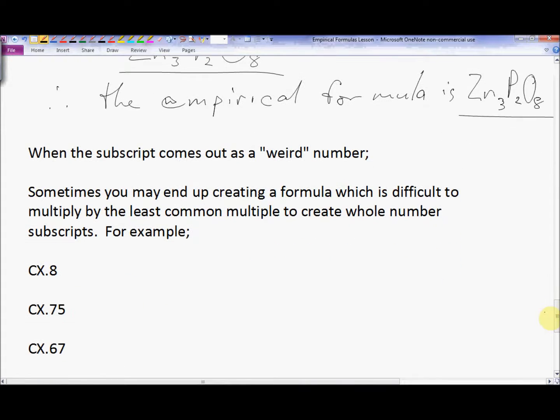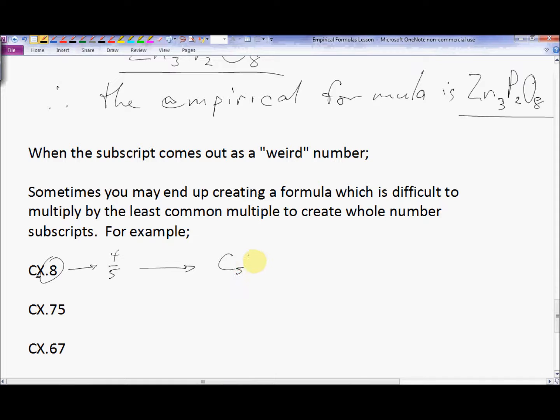If you had carbon and then some mystery material X with 0.8 moles, what you want to do is recognize that 0.8 is basically 4/5. So if we multiplied that formula by 5, we could convert it into C5X4.